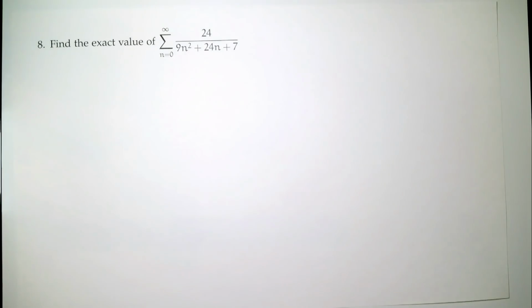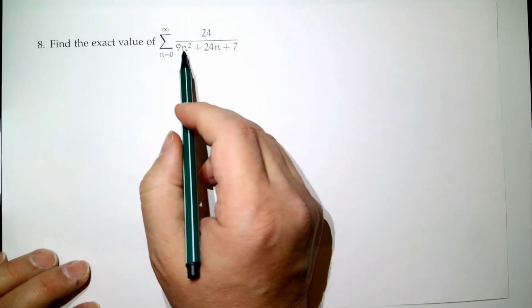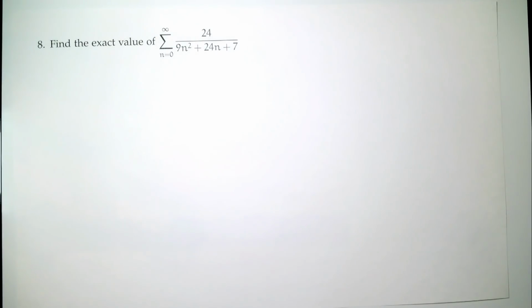So somehow we need to get some combination of terms. So let's look at what we can do with these. Okay, so 9n squared plus 24n plus 7. What should we be suspicious of? What should we be looking for? Yeah, does it factor? Does it factor?